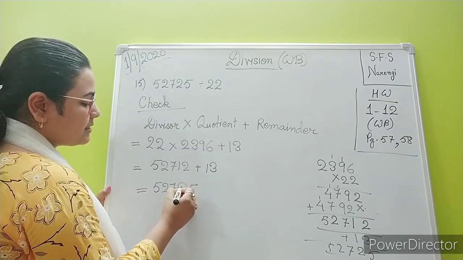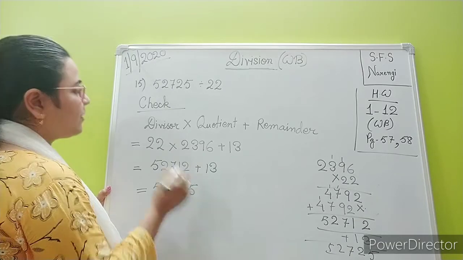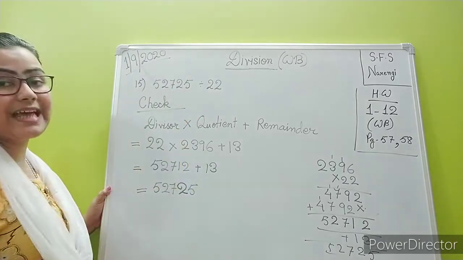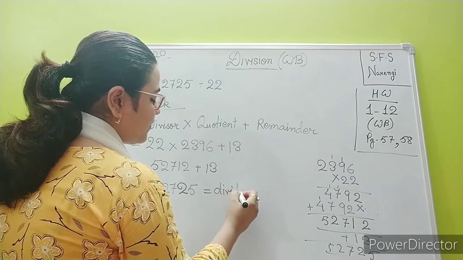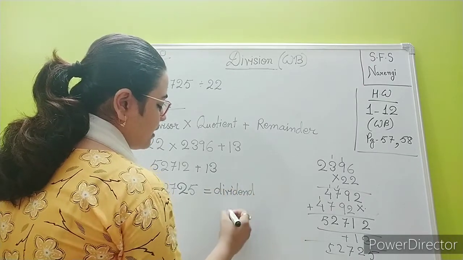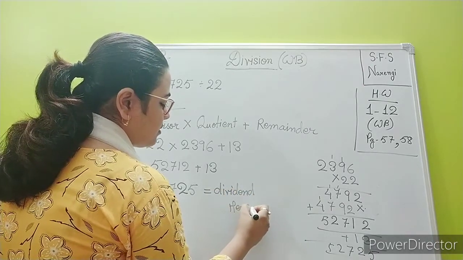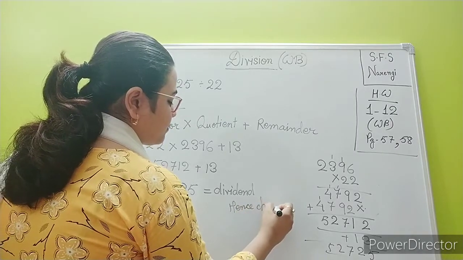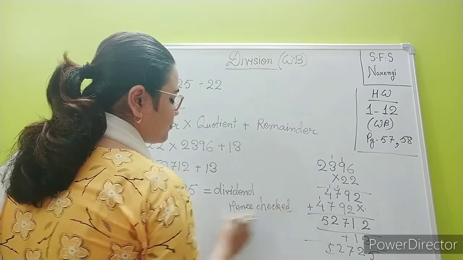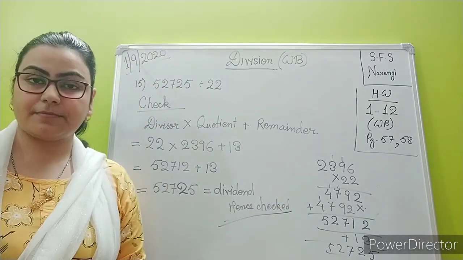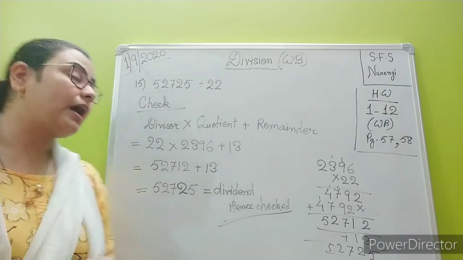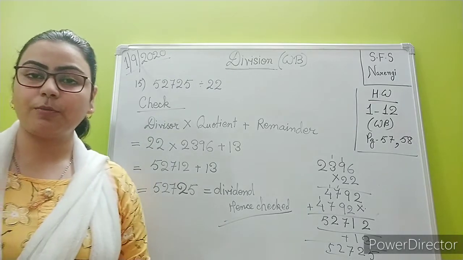Now is this similar to the dividend that we have got? 52725. Exactly the same. So we write here dividend, hence checked. Okay children, I hope this is very very clear to you.